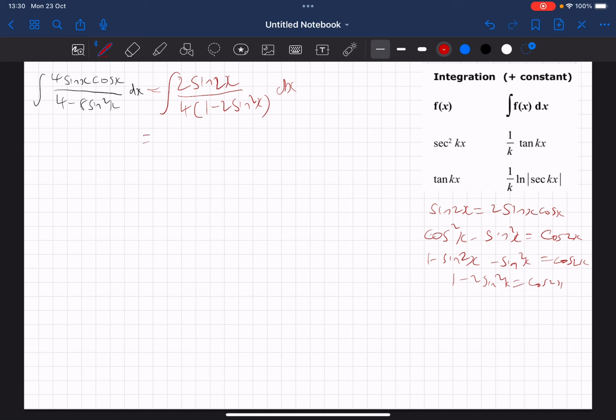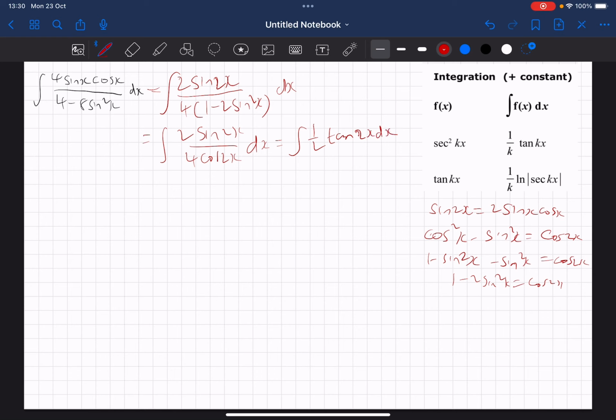So we've got the integral now of 2 sine 2x over 4 cosine 2x. So the 2 and the 4 will cancel down to a half. And I've got sine 2x over cos 2x. Now that will be tan of 2x, where the identity for tan of x is sine x over cosine x. So we've got half tan 2x to integrate.